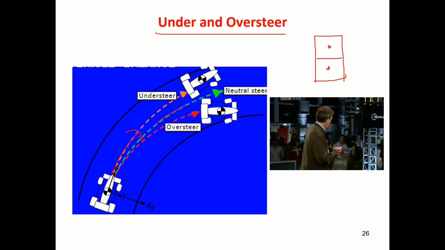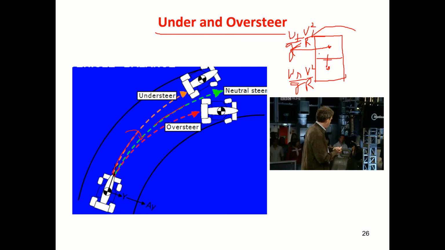If the load in the front is more, then this is W_F by g times V squared by R, and this is W_R by g times V squared by R. If W_F is greater than W_R, and let us say this is the overall center of gravity, this force about this center of gravity will create this moment, a couple.